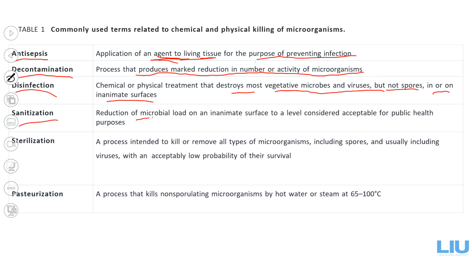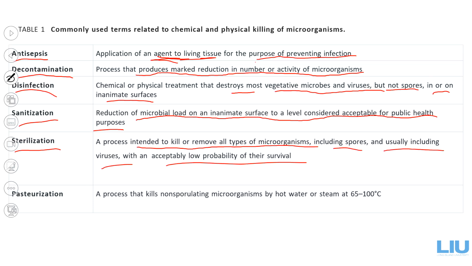Sanitization, reduction of microbial load to a level considered acceptable for public health purposes. Sterilization is intended to kill or remove all types of microorganisms, including spores, usually including viruses. Pasteurization, the process of killing non-sporulating microorganisms by hot water or steam.